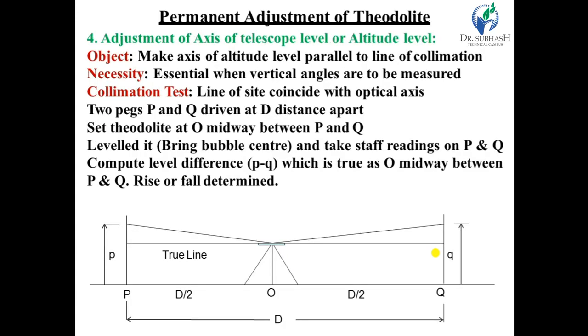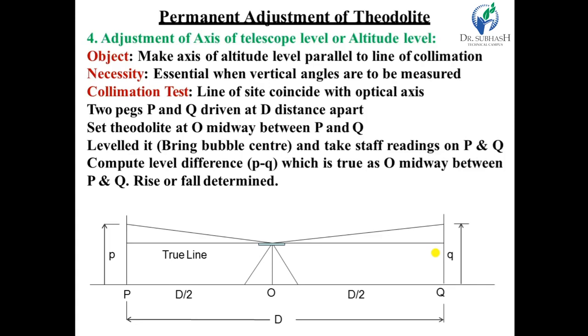Adjustment of the axis of telescope level or altitude level. How can we adjust the axis of the telescope level or altitude level? Make the axis of the altitude level parallel to the line of collimation. That is the objective of our adjustment. Now place two pegs P and Q driven at distance d apart.